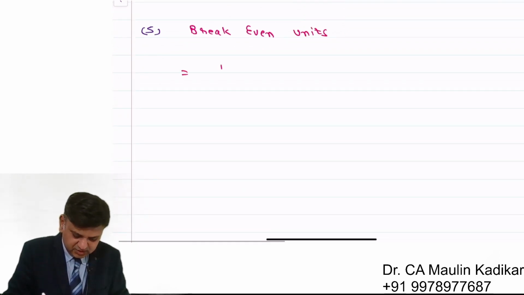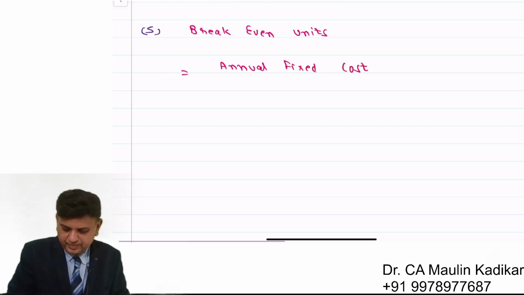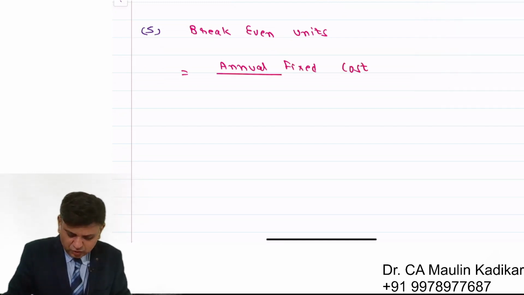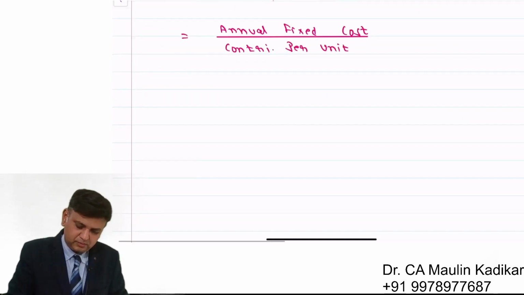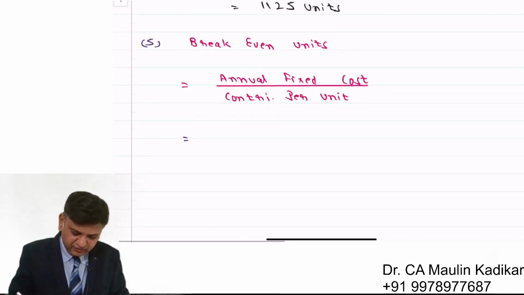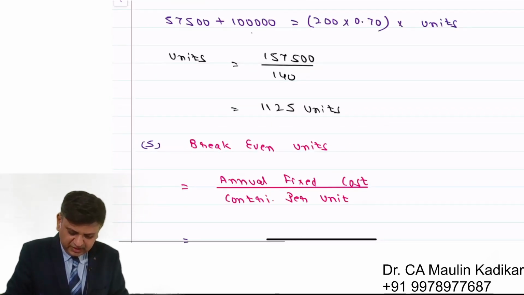In that case, it is annual fixed cost divided by contribution per unit. The amount of the annual fixed cost is 1 lakh.